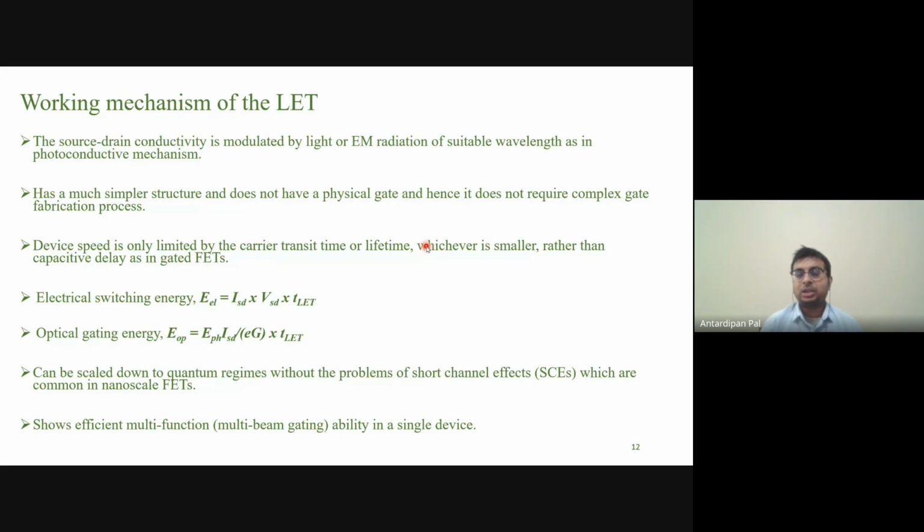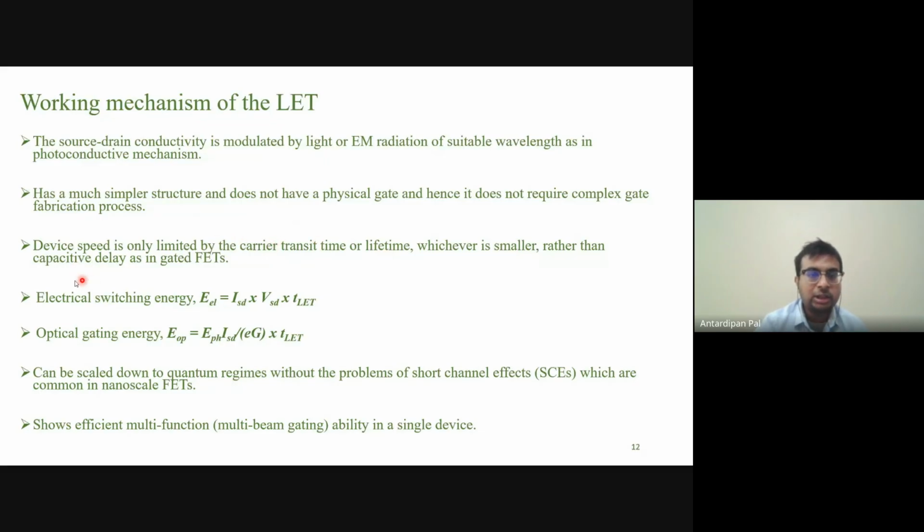What's the lifetime? These carriers that are generated don't last forever. The time for which they remain inside the semiconductor before they actually recombine is called lifetime. In radiative recombination they are emitted as photons; that's different from non-radiative recombination. So, carrier transit time or lifetime, whichever is smaller.